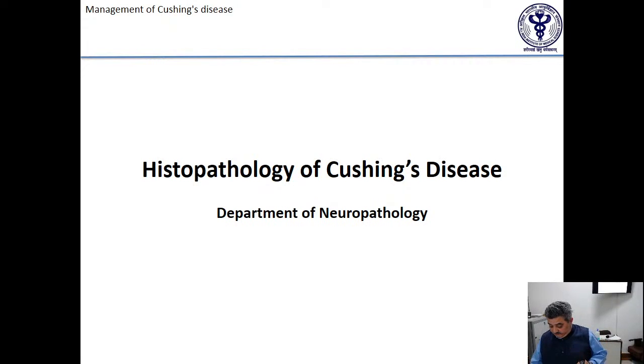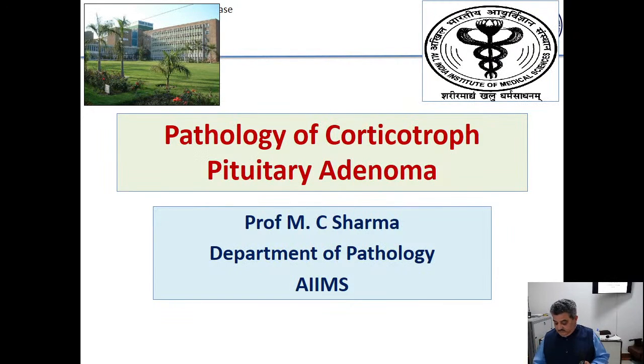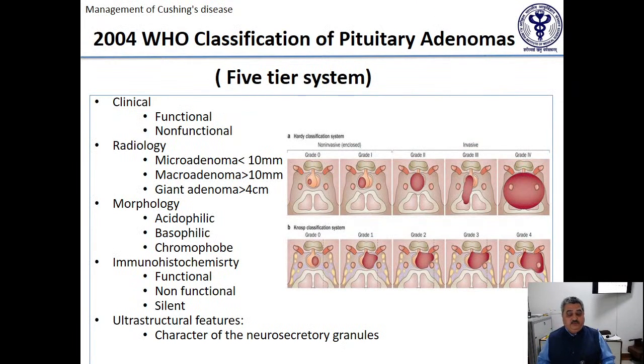Thank you. For a couple of minutes, I will speak on what are the changes in the understanding of pituitary adenoma classification. Since Harvey described the pituitary adenoma, they were using only one stain, PAS, periodic acid Schiff, and based on the staining characters, they were calling it chromophobe, acidophilic, basophilic.